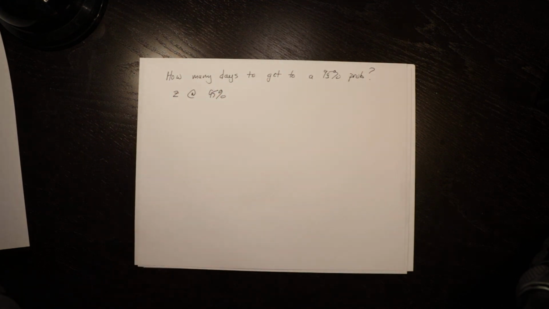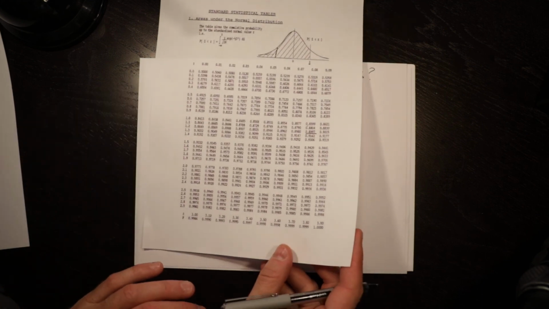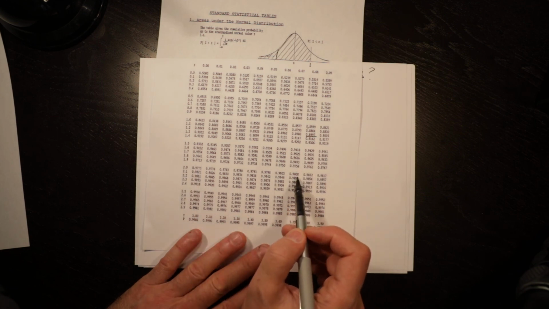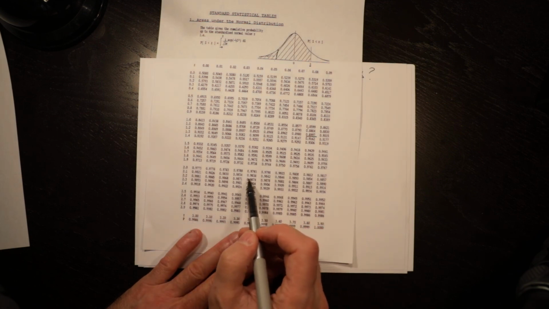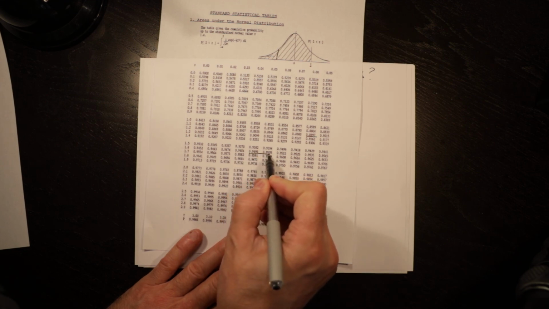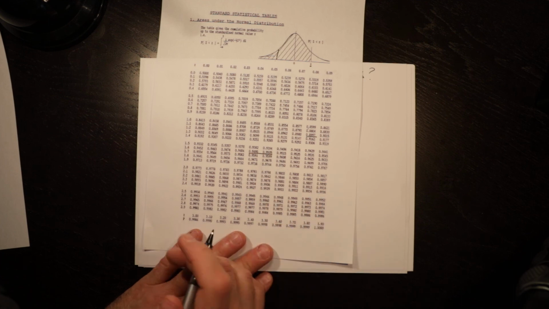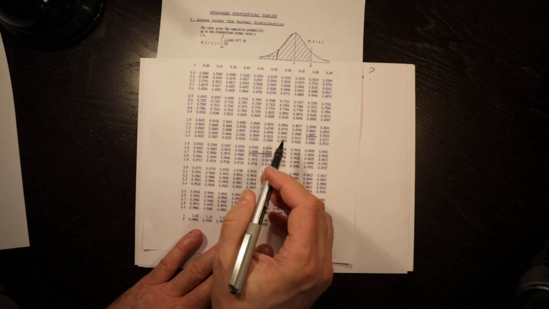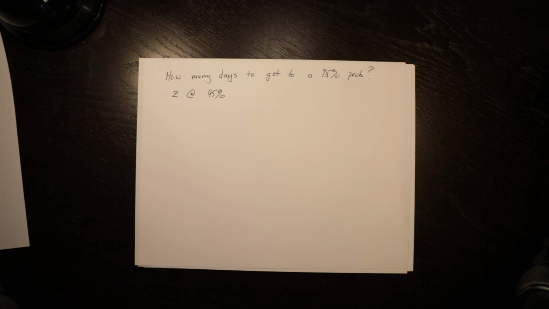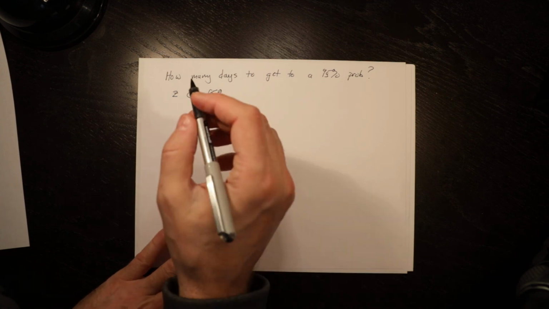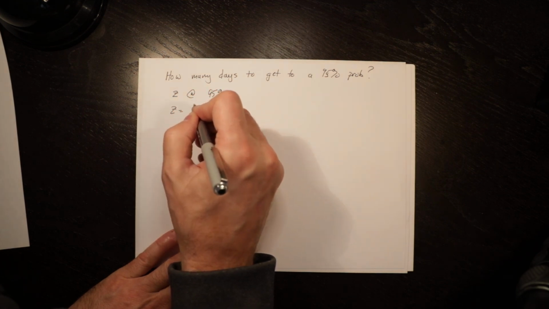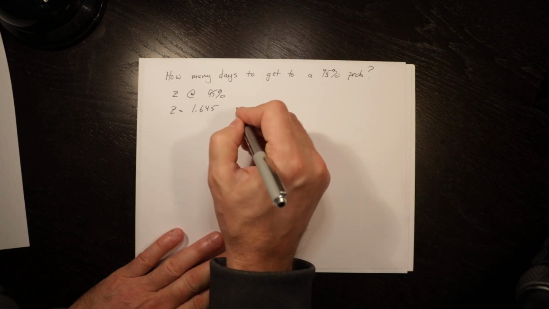So we would go back to the standard normal table and look at 0.95. We've got 0.9495 and 0.9505. We could pick one or the other, or I am going to pick the spot exactly in between them, which isn't going to be exactly right because it's not linear, but it's going to be even closer than one or the other. So Z is equal to 1.645 from the table.